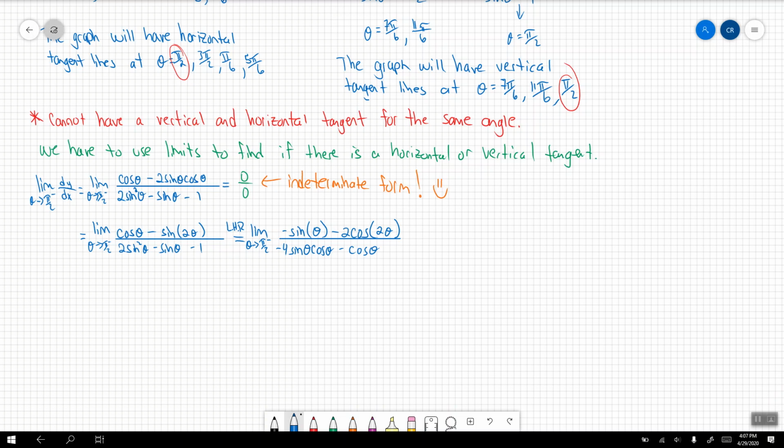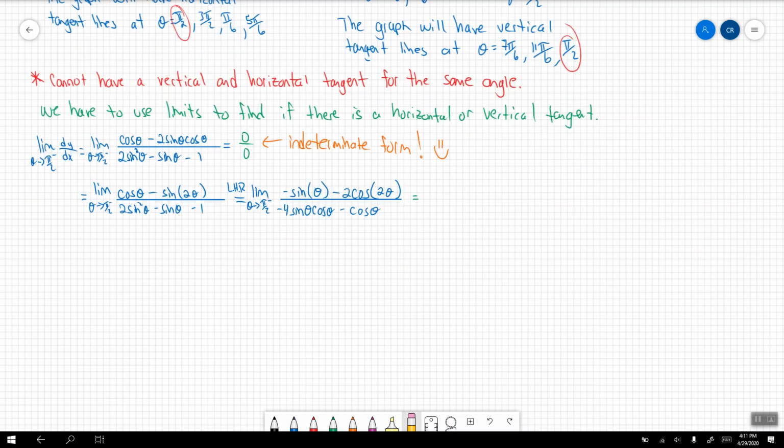Nice. Let's see if we can now do a direct substitution. As we approach pi halves from the left-hand side, sine at pi halves is 1, so that's going to be negative 1.